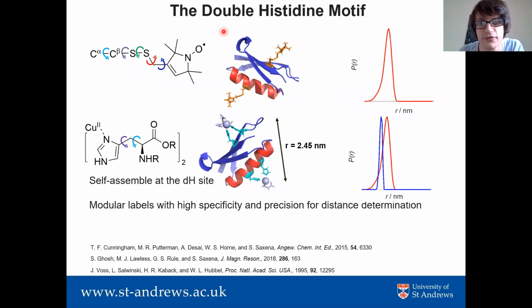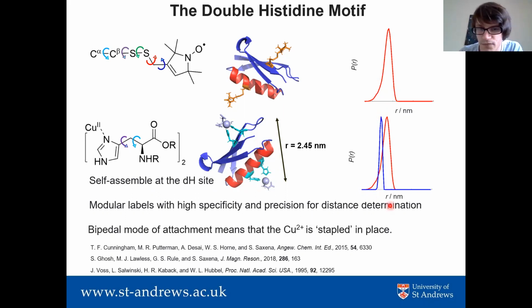And to emphasize this point, I've just shown bis MTSL GB1 in the top here, and the tetrahistidine GB1 construct in the bottom, with some simulated distance distributions in red and blue respectively. And what you can see is that the tetrahistidine case affords a much narrower distance distribution. And this comes from the fact that the copper center has a much reduced rotameric freedom with respect to the alpha carbon of the protein backbone.